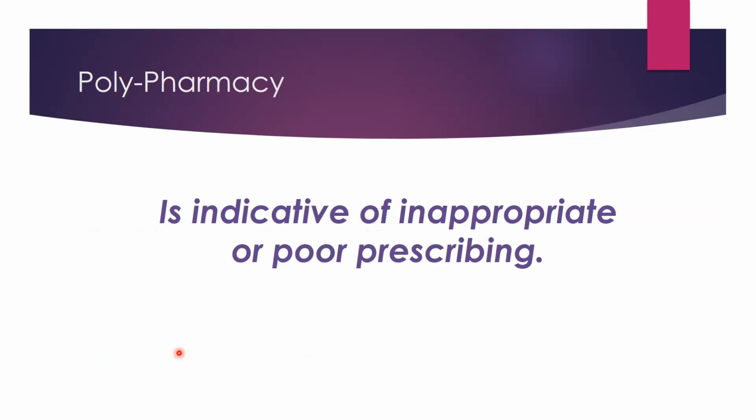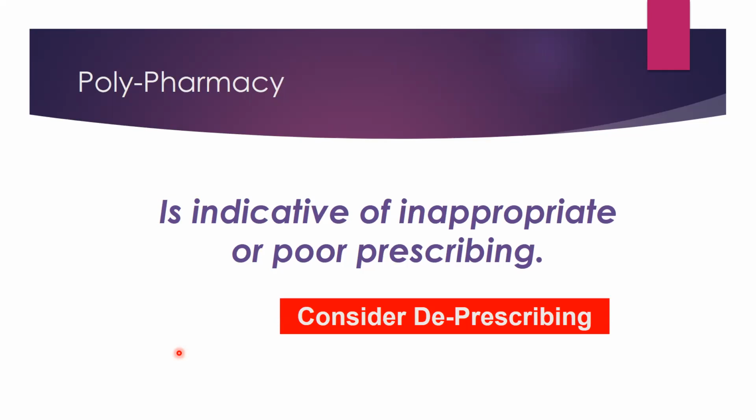As I mentioned, this polypharmacy has a negative connotation. It means inappropriate prescribing or poor prescribing, which is often unintentional. So when you have polypharmacy, you will have to consider de-prescribing, reducing the number of medications, especially to enhance compliance or adherence so that it is easier for them to manage their medication, especially for geriatric patients.